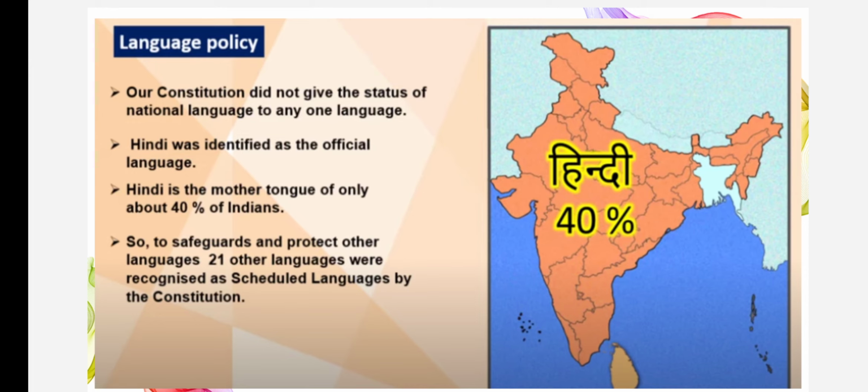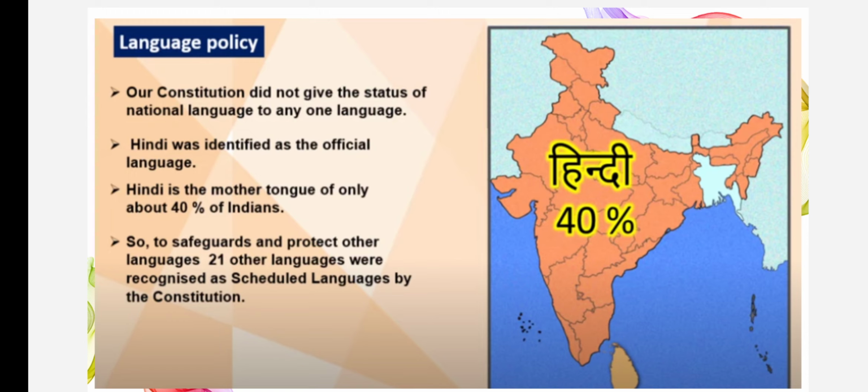Now, the second test or challenge for the Indian Federation was the language policy. Our constitution did not give the status of national language to any one language during the states' formation. Hindi, of course, was identified as an official language, not the national language at that time.